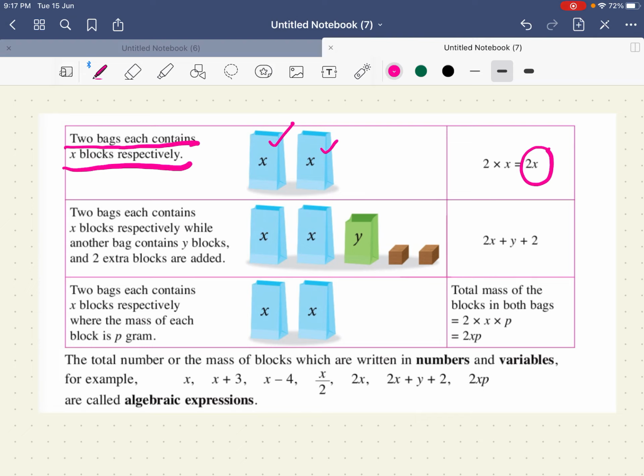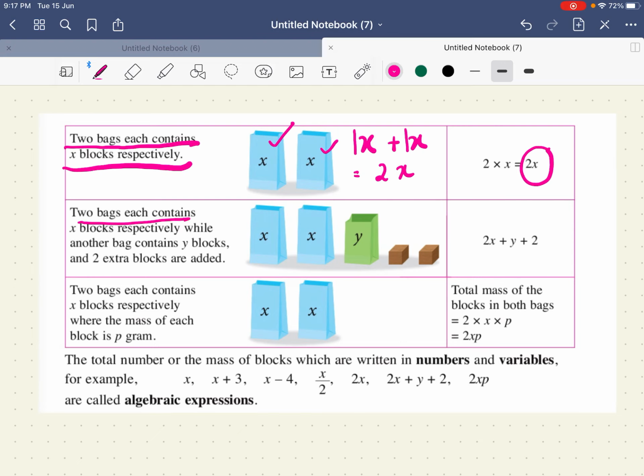Ni saya dah ajar 1C hari tu. Dia sama dengan X plus X. Okay. Di depan variable, kalau dia tak ada sebarang nombor, depan dia adalah 1 nilai dia. So, 1 tambah 1 dia adalah 2X. Sama sahaja. Okay, seterusnya.